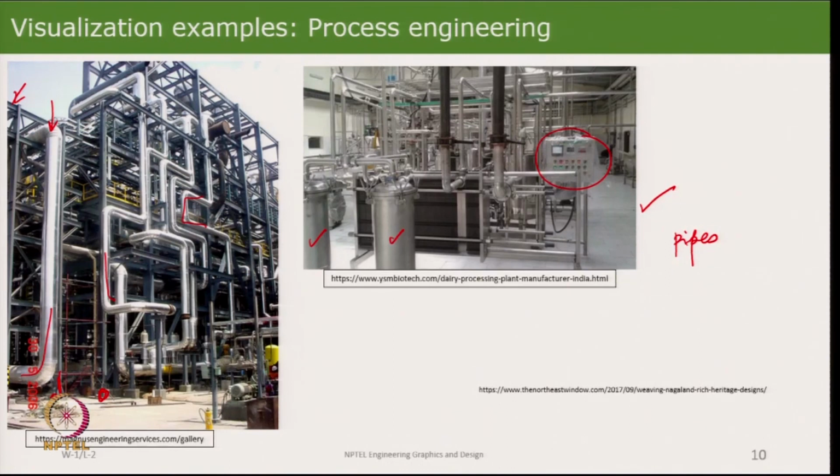You can walk through it in today's CAD packages, and finally, you say, okay, go ahead, make it. So, these types of things are there in chemical plants, refineries, thermal power plants, petrochemical complexes, food processing, paper making, many places. This is what you call process engineering.